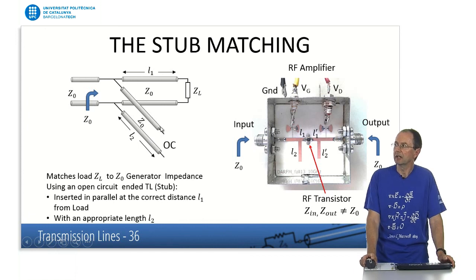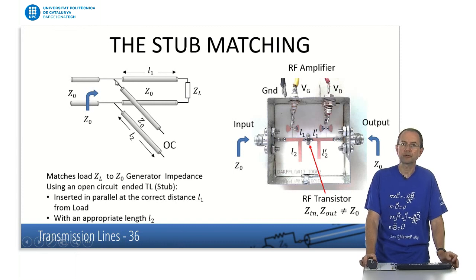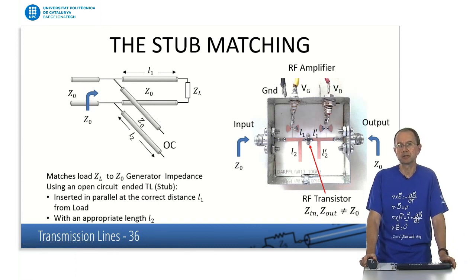This piece of transmission line with an appropriate length L2 is connected in parallel to the main transmission line. And the point of connection is critical, because this separation distance here, L1, between the load and the point of connection has to be accurately calculated in order to provide the matching situation, or the desired matching impedance condition.